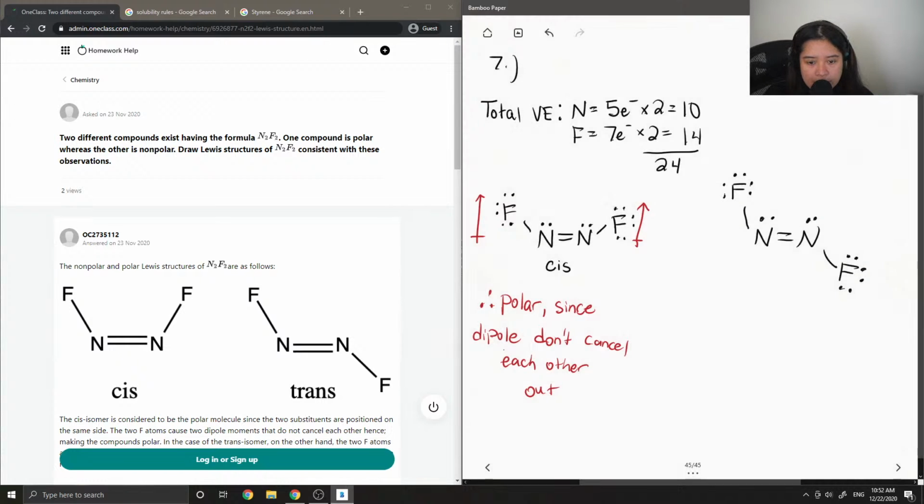If I show the dipole moments of the fluorines, they go in opposite directions and they cancel each other out. So therefore, this molecule is nonpolar, since the dipoles cancel each other out.